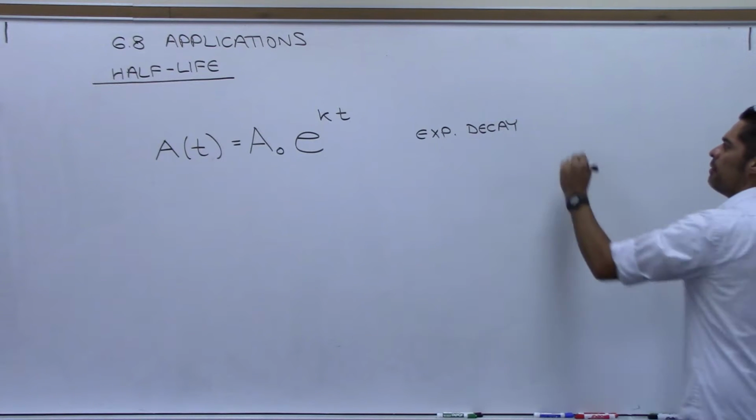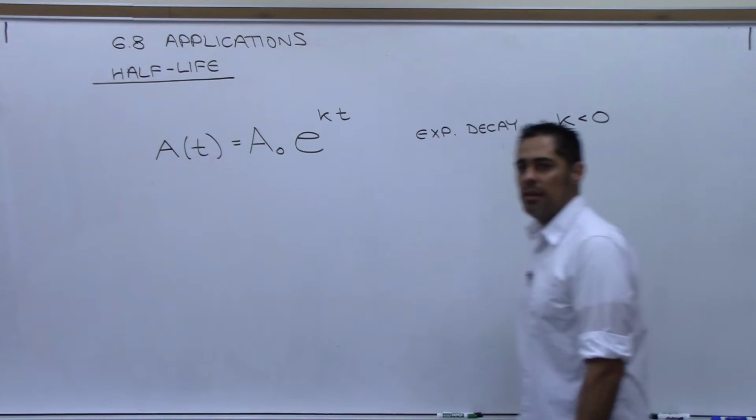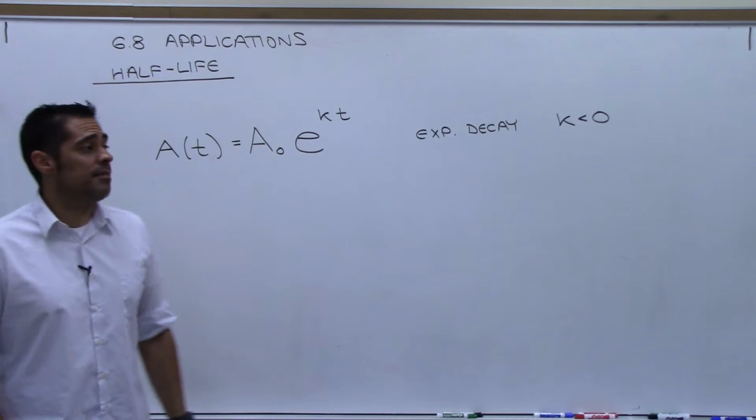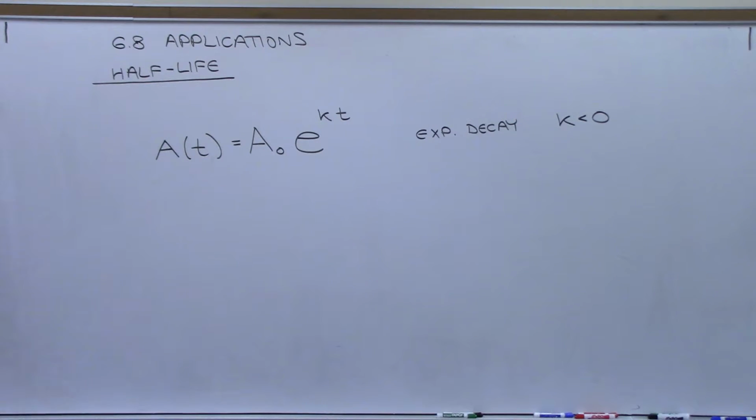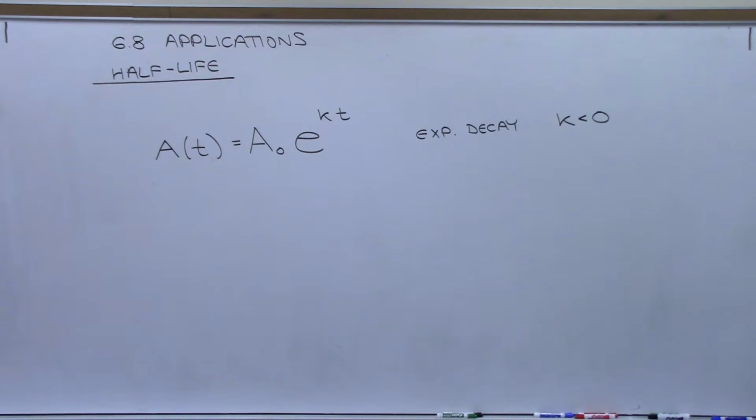What we will need for this is for k to be a negative number. If k is negative, this will decay. If k is positive, it's actually exponential growth, and then it doesn't fit into the half-life model, all right? So we need k to be a negative number for this to be exponential decay.